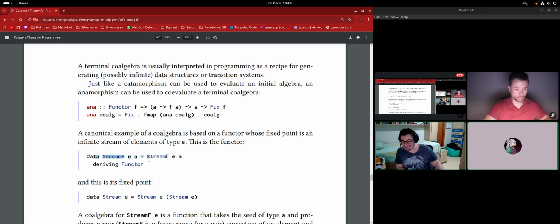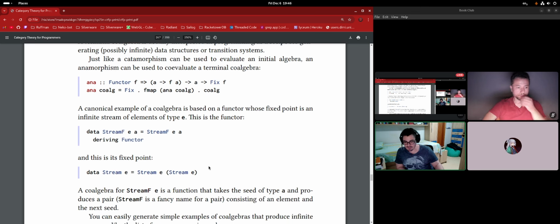And then the example that it gives us is the stream F, right? So streams. We've seen streams before, I think when we were talking about representable functors or something. And it's the fixed point of this thing, so I think it's exactly the same one as we saw in the older chapter.